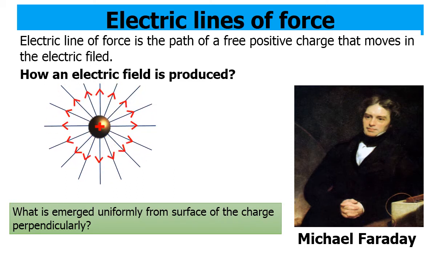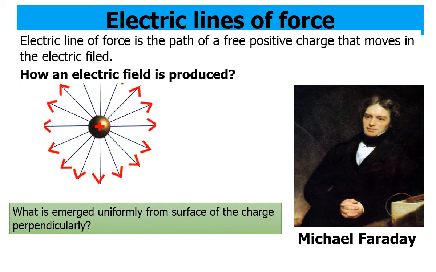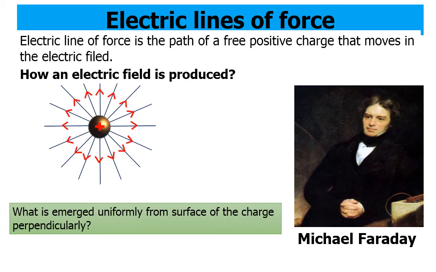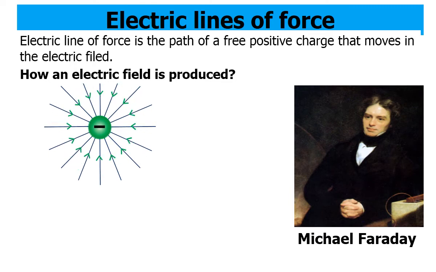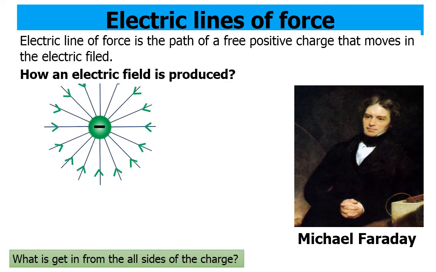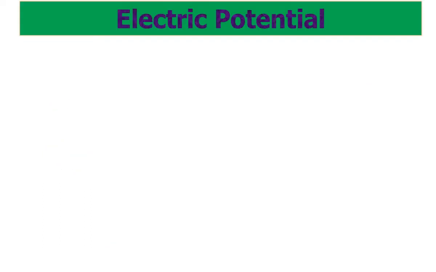And electric line of force is used to measure the electric intensity and to explain the direction at a point in an electric field. And in that figure you can see a negative charged body, and you can see here also lines coming in from the outside towards the charge.